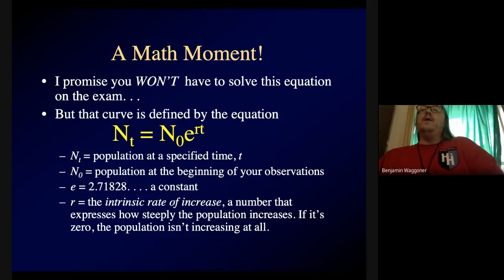Now, r in this equation is written lowercase, and it's not quite the same thing, but it's related to a number called capital R that is used in modeling infectious disease epidemics as a measure of how fast the infection is spreading and how many more people are getting infected. You remember hearing about wearing masks and social distancing and staying indoors, and the idea was to flatten the curve.